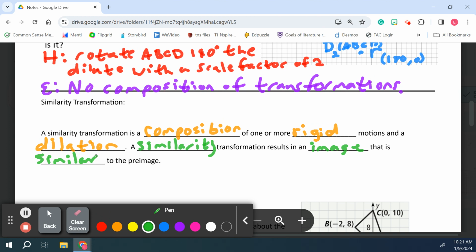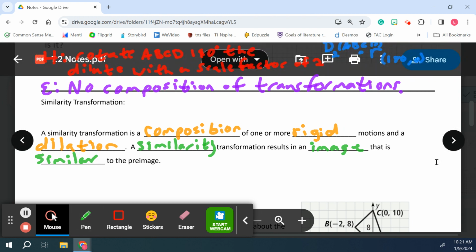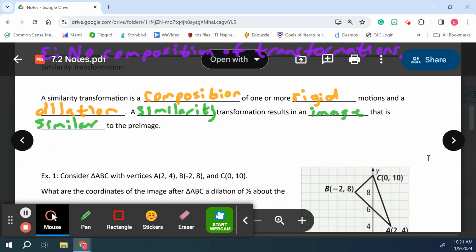But it should have some type of ratio, and that's where the scale factors come in. That scale factor is like the ratio of how it's enlarging or reducing. Question on this? Anybody still writing?